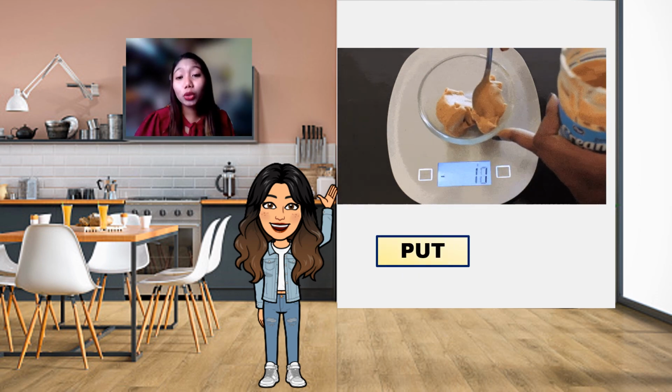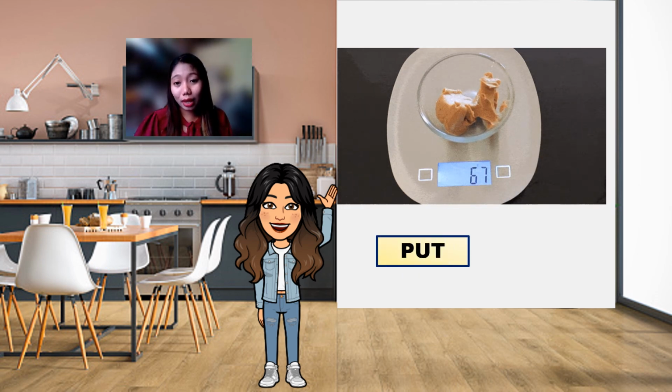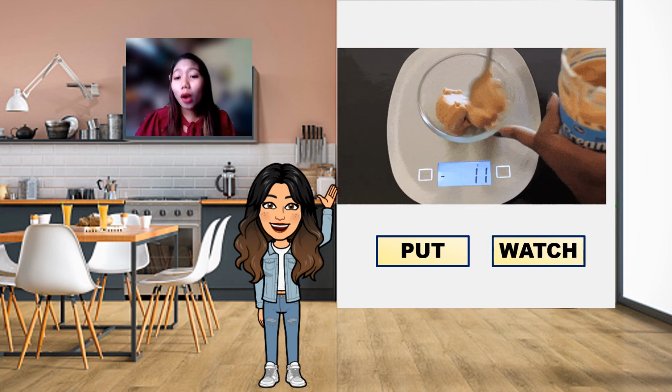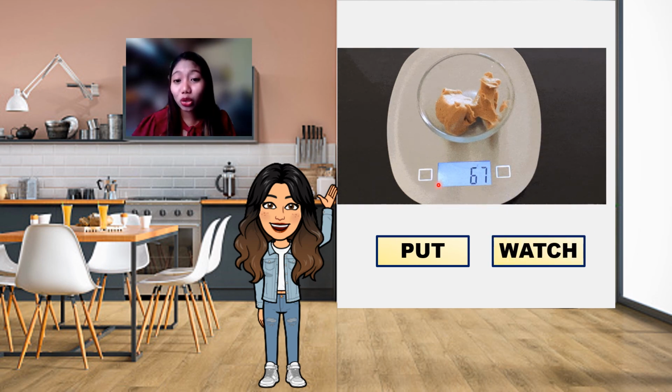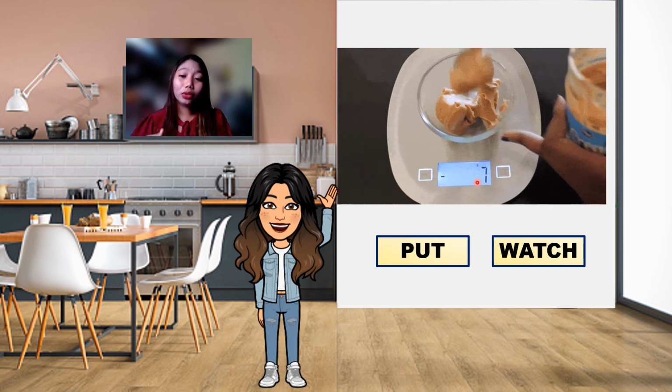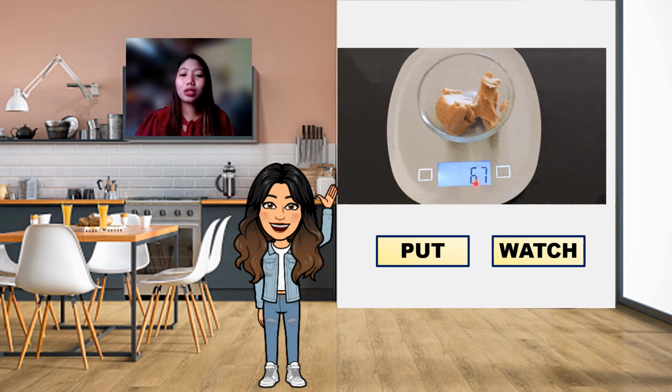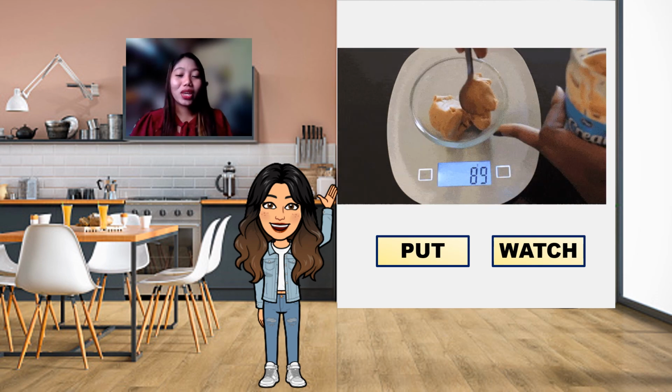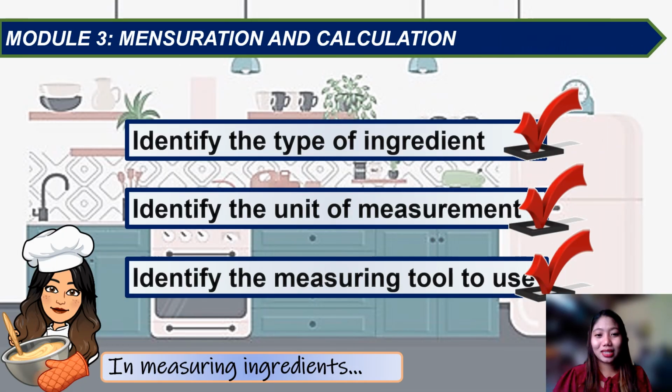Ayan, so you just have to put the ingredient on the weighing scale, and then once you have put, watch until it appears po yung measurement na kailangan ninyo. So put and watch. So those are just the steps that you have to follow when using your measuring tools in measuring different kinds of ingredients.